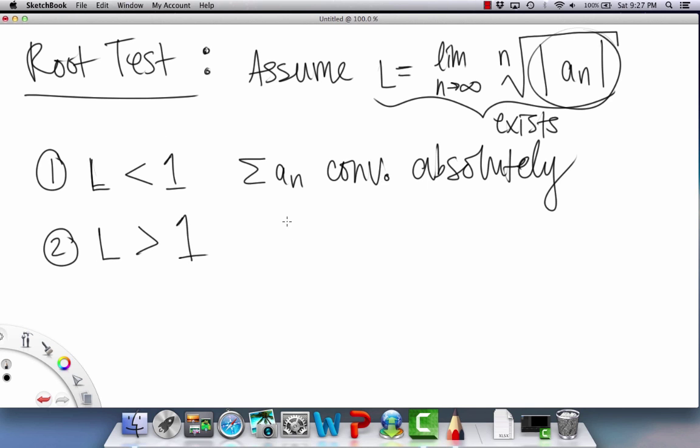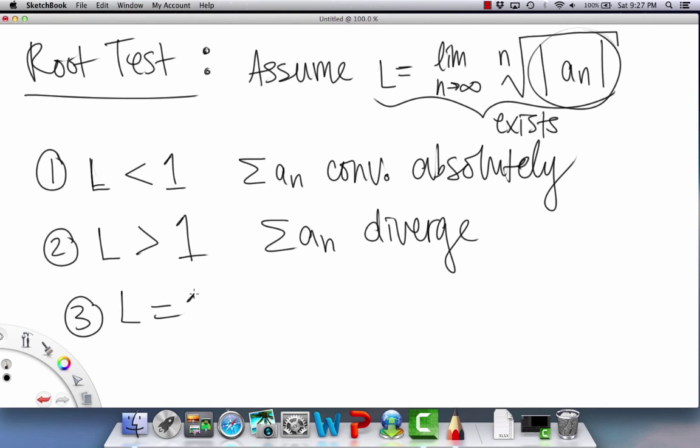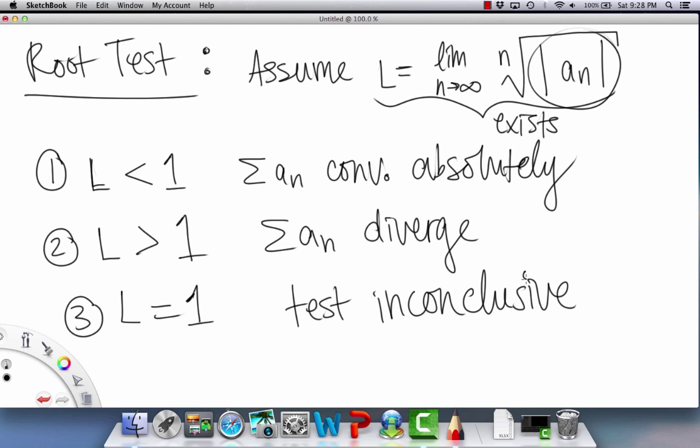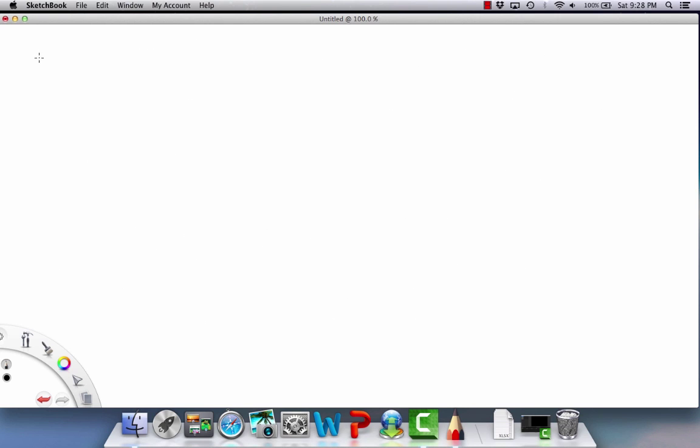Just like in the ratio test, a sub n is going to diverge. And the third one, L equals 1. Again, just like in the ratio test, if we get this result, the test is inconclusive. It basically just didn't give us any more information as to whether the sequence converges or diverges. Okay, so let's do a quick example of this, and we'll wrap it up for this video.